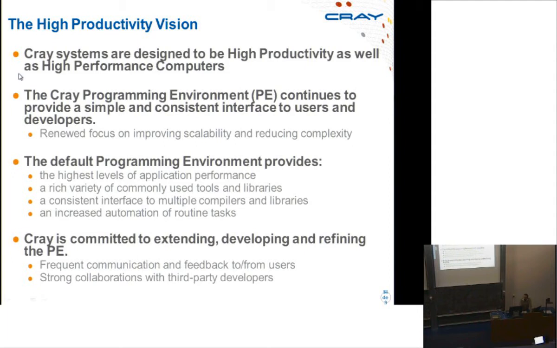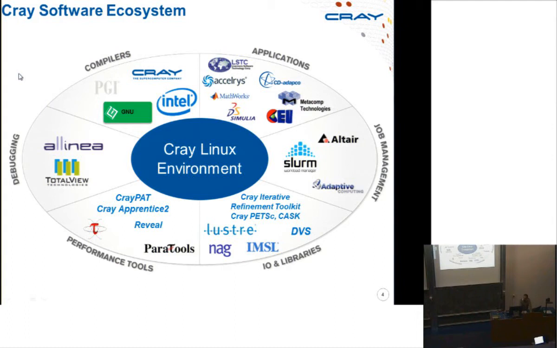We also have strong links with our third-party developers, third-party vendors really. People like RogueWave for TotalView or Allinea for DDT, or people providing some of the third-party software we use. So the ecosystem looks very similar to the XE6 ecosystem. We're still supporting a wide variety of software.